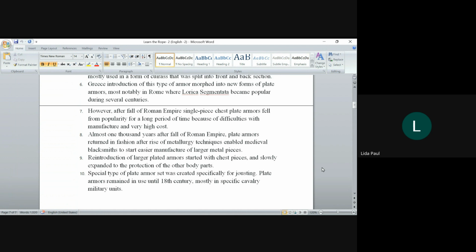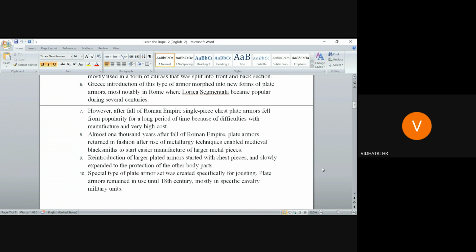Okay. Now, eighth one, almost 1000 years after fall of Roman Empire, plate armors returned in fashion after rise of metallurgy techniques enabled medieval blacksmiths to start easier manufacture of larger metal pieces. First line, almost 1000 years after fall of Roman Empire. After?